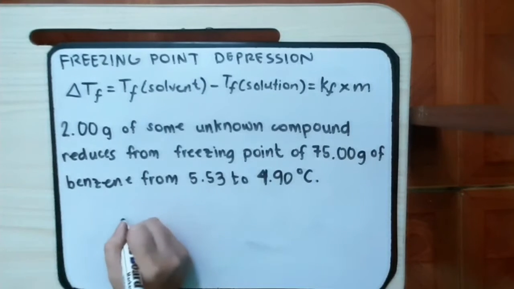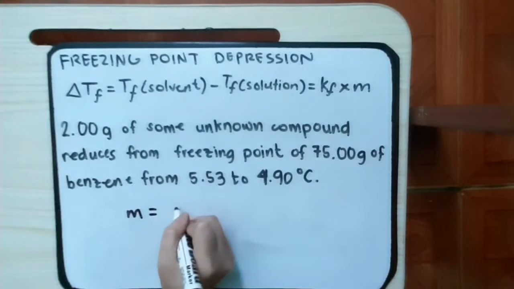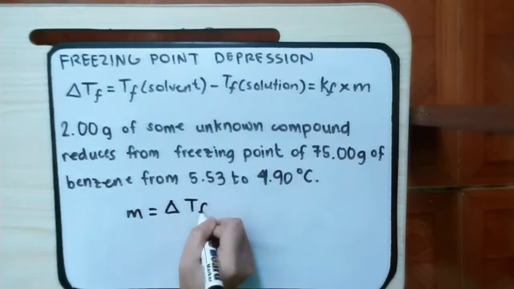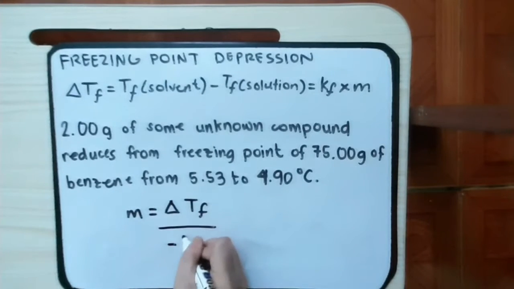So from this formula, we will derive M. M is equal to delta TF over negative KF.